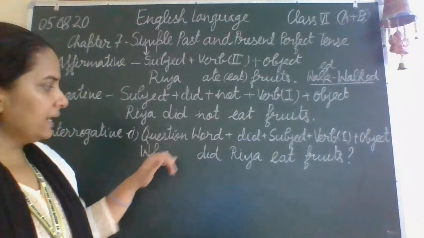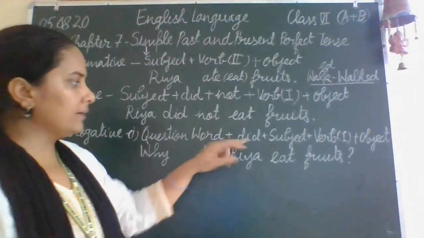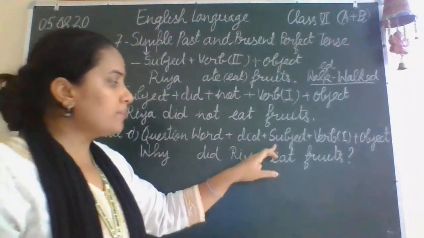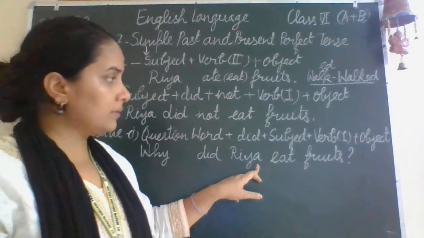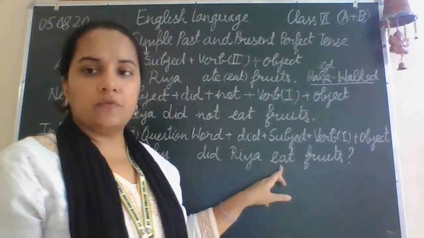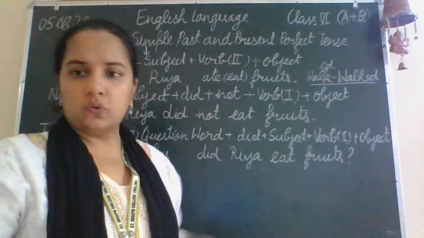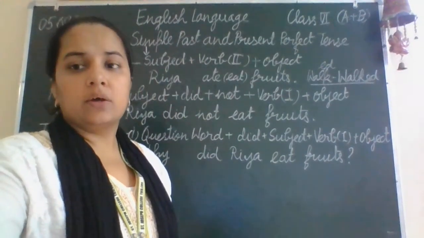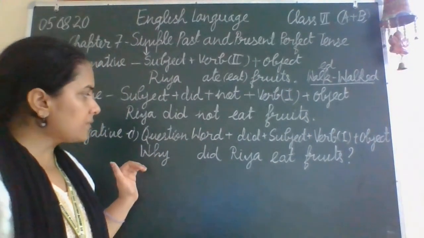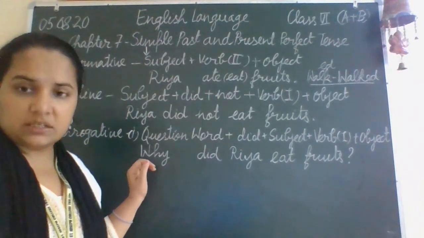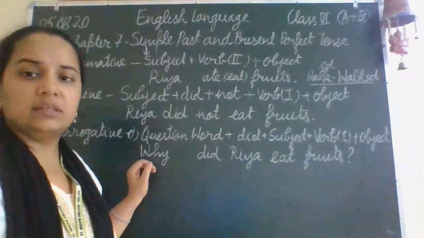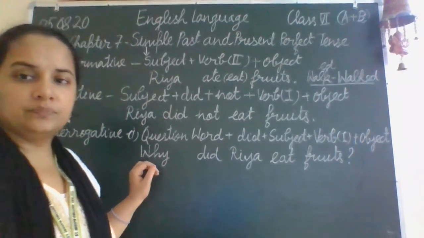So why is the question word, did is the helping verb, subject is Ria, first form of verb is eat, and the object is fruits. Then we put the question mark. So this is the first kind of interrogative sentence, which starts with the question word.